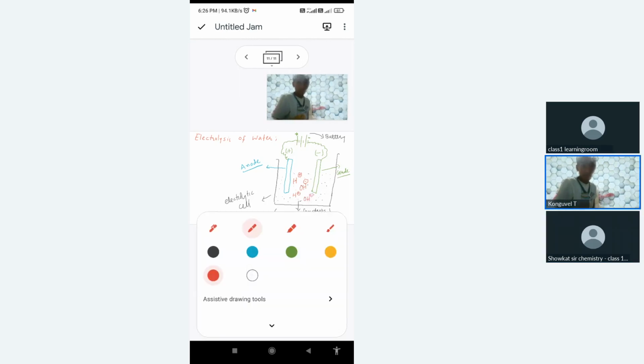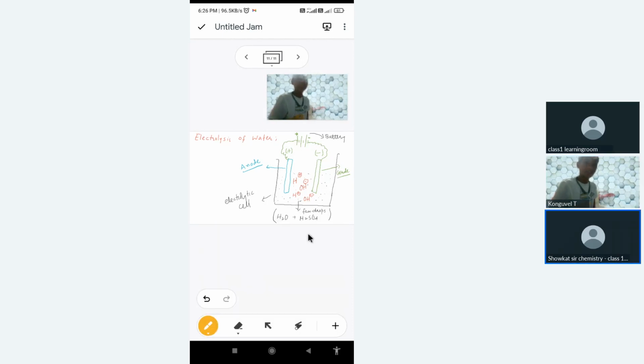The positive hydrogen ions will go to the negative terminal, while the OH minus will go to the positive. That means this H positive will move towards the cathode, isn't it? Exactly. And then these OH negative ions will migrate, they will move towards this anode, right?